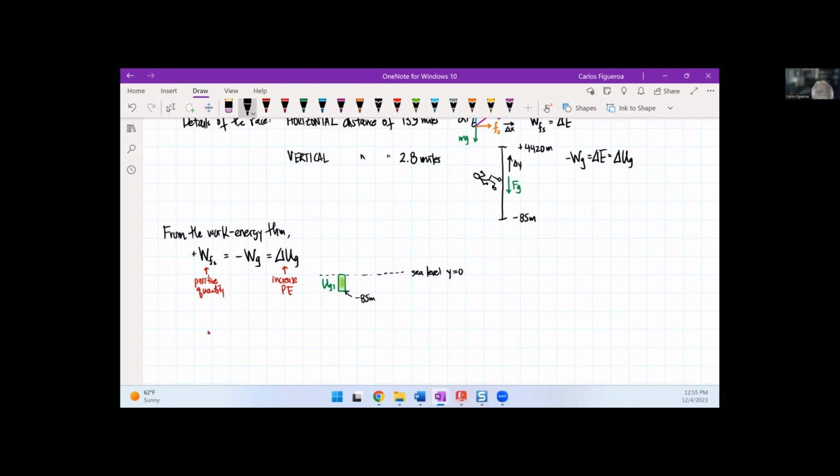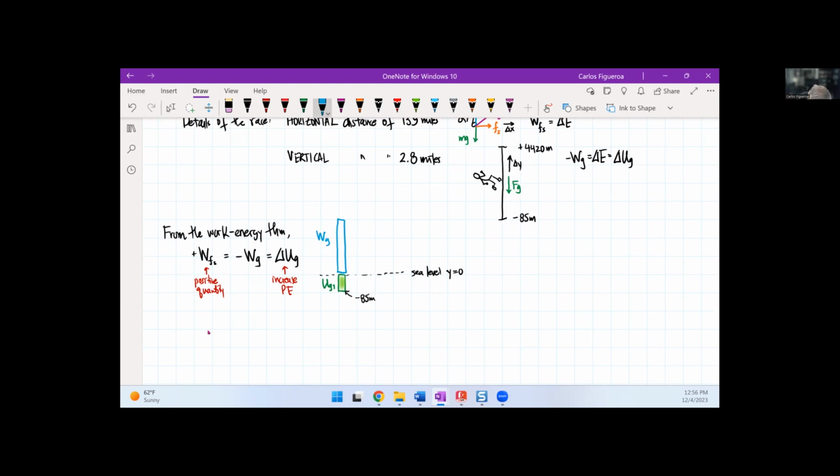Now, we store the work that we do into the gravitational field. So if I go and do work here, I then do gravitational work.